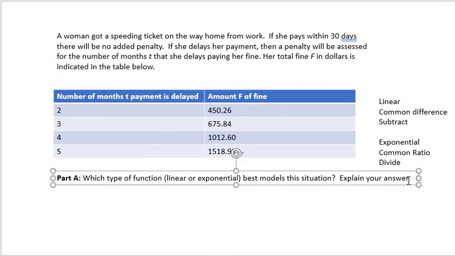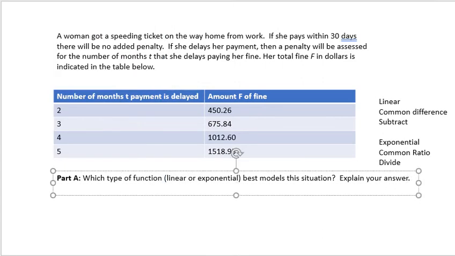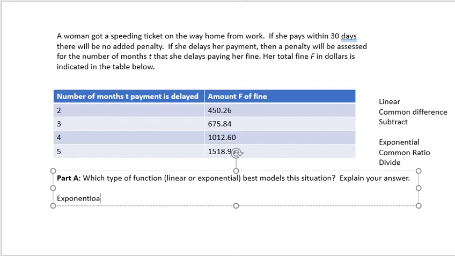So when we're giving our answer here, we can say that it's exponential because the common ratio is the same for each time the input changes by 1. So we're comparing our x values by 1, like we went from 5 to 4, 4 to 3, 3 to 2.